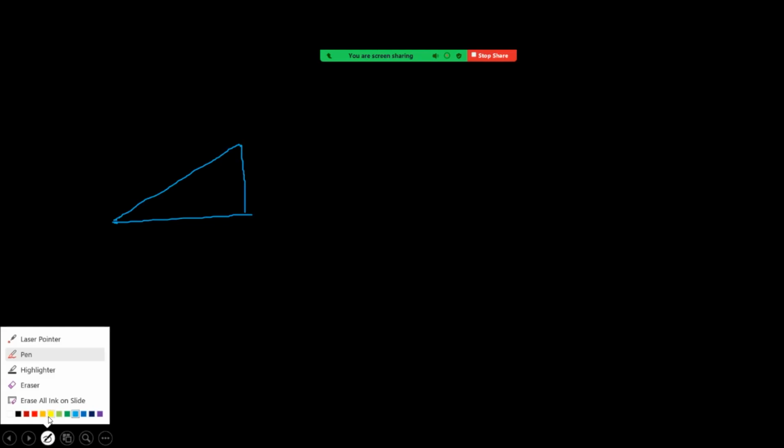So first make a diagram for the given data. Given an inclined plane, and the angle is alpha. Block of mass m starts from rest.